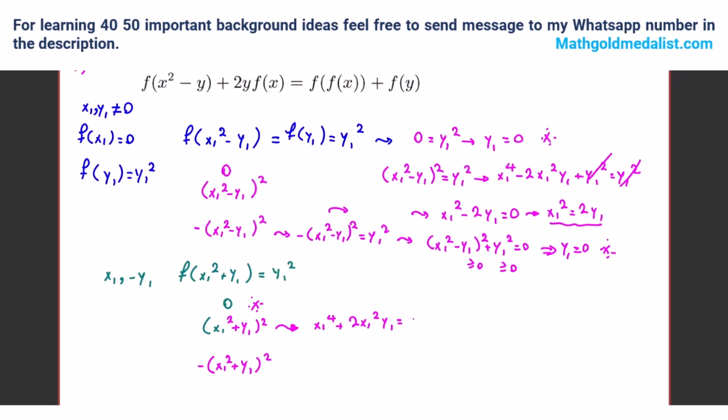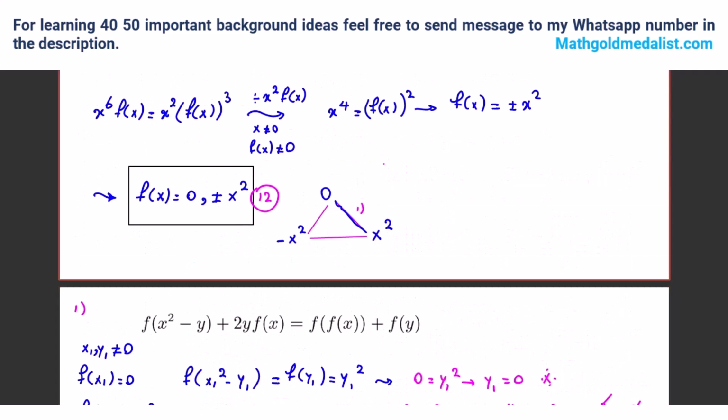You can also cancel y1 squared. If you divide both sides by x1 squared, it's not 0, so you can write x1 squared plus 2y1 is 0. Now if we combine this one and this one, x1 squared is 2y1, so if we replace, 2y1 plus 2y1 is 0, so 4y1 is 0, so y1 is 0. Again, that's a contradiction.